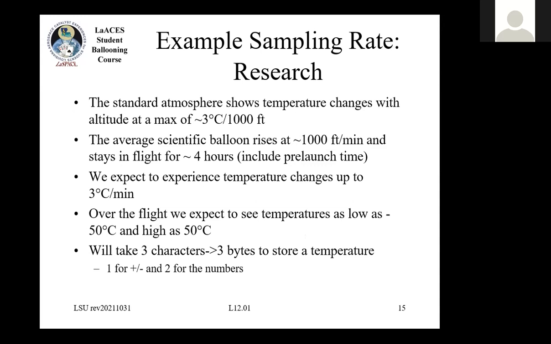So you do some research, you look at what the standard atmosphere shows the maximum rate of change with altitude is, and you say, okay, the fastest temperature change I'm likely to see is 3 degrees every 1,000 feet.